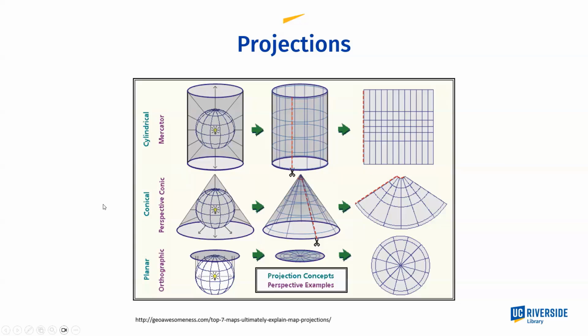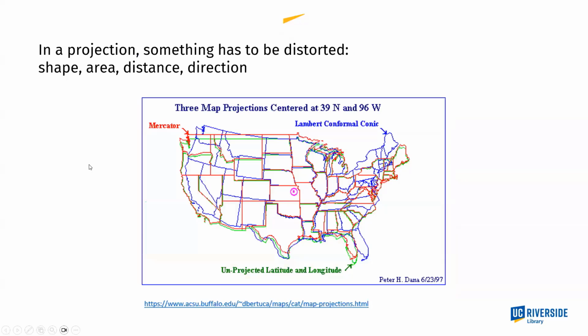So if you're thinking about this at all, trying to picture this happening, you're not going to preserve all the characteristics of the features on the globe perfectly. Something's going to get squished out, or something's going to get maybe moved a little bit in relation to other features. So in a projection, something has to be distorted.